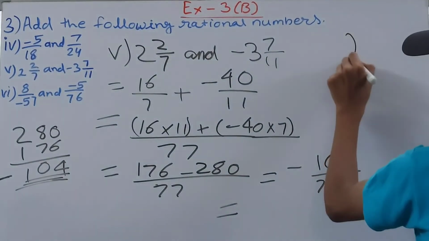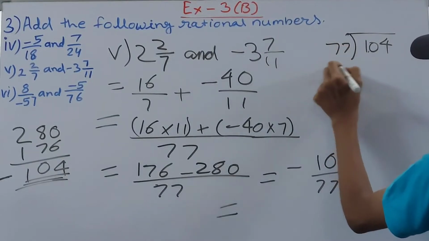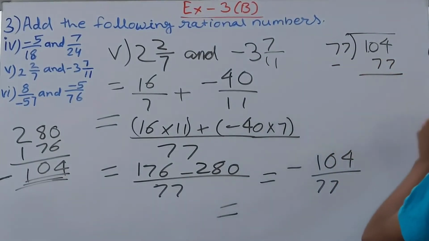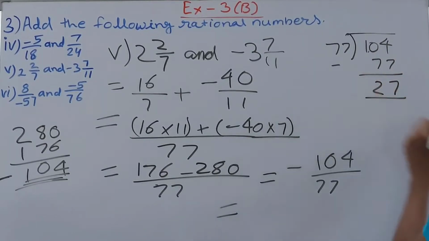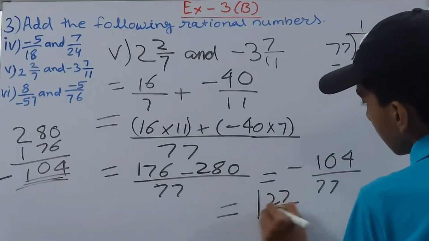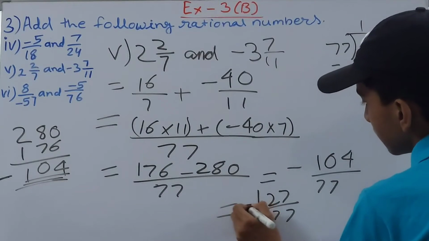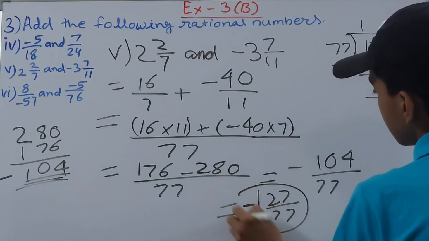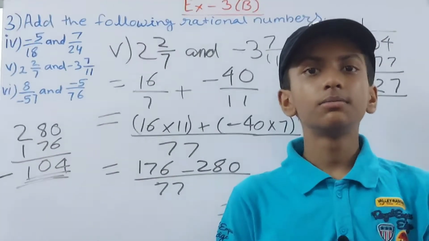So what will we get? 1 times 77 is 77, minus 77 from this, what will be left? 27, right? And 1 times, so we'll get 1 whole 27 upon 77. And which sign will be put? Minus sign, right? Minus 1 whole 27 upon 77. This is our answer. Now let's move on to the next part.